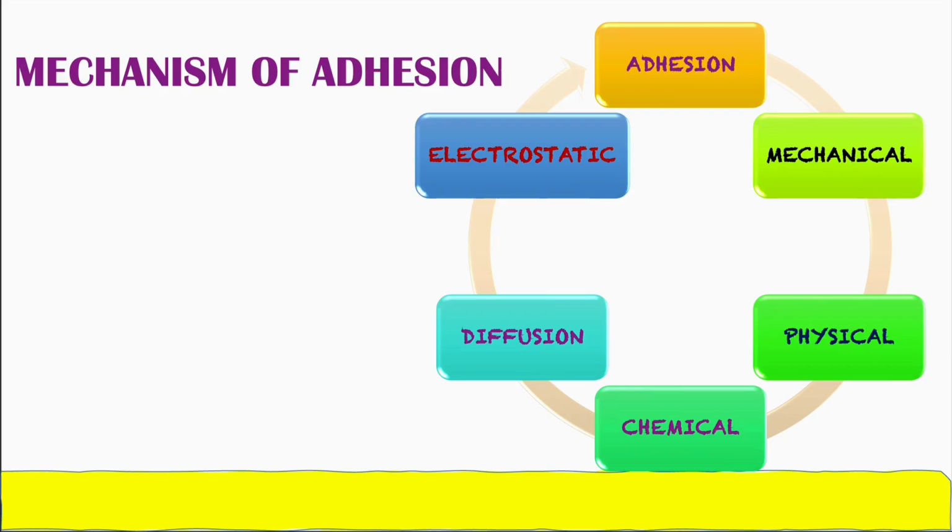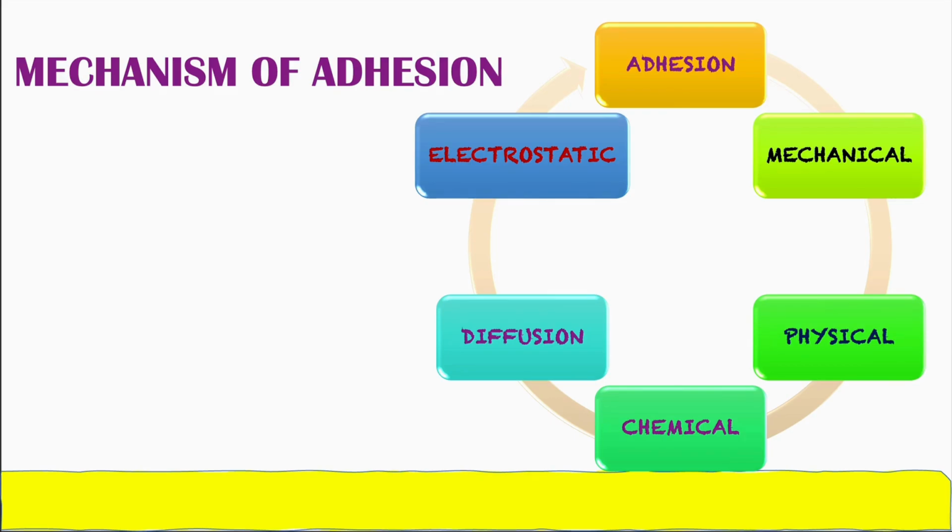pores. It can also happen with the help of physical interaction, and in physical interaction, the van der Waals forces are the ones going to play the role. Or the adhesion can take place with the help of chemical interaction, which is the strongest, and a proper chemical bond formation takes place.